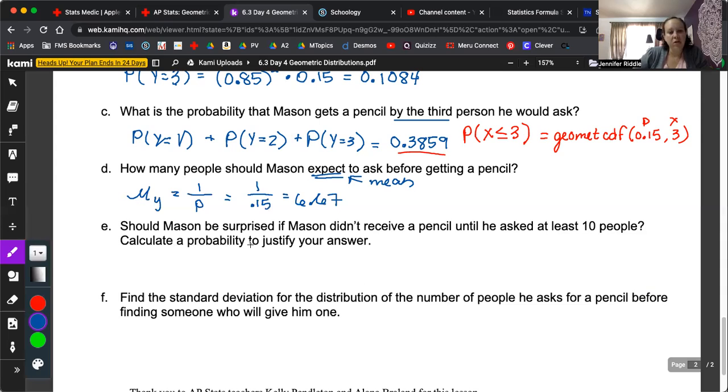Part E, should Mason be surprised if Mason didn't receive a pencil until he asked 10 people? Calculate a probability to justify your answer.